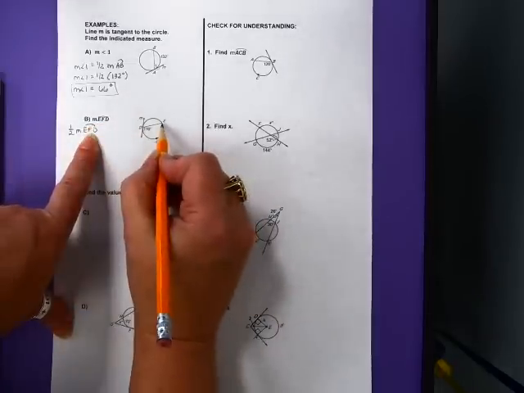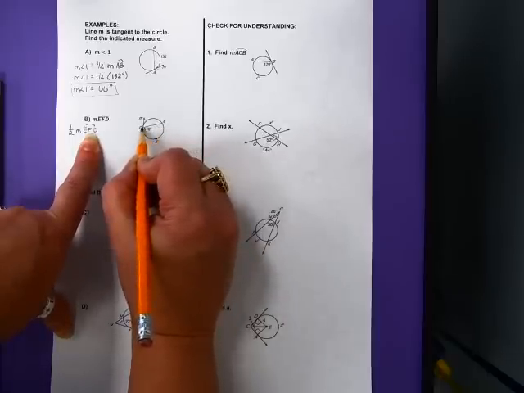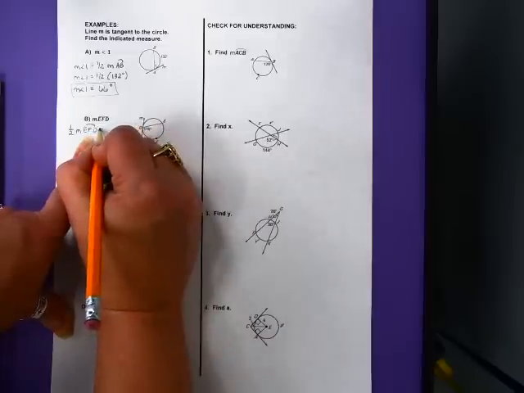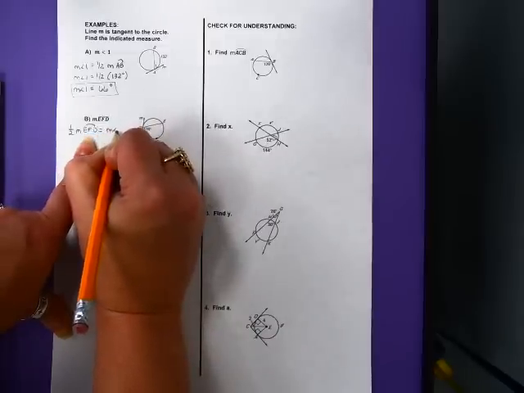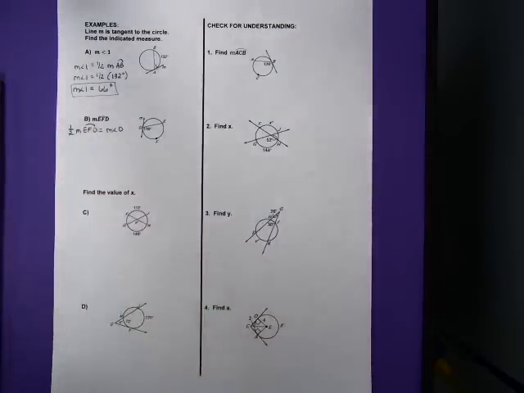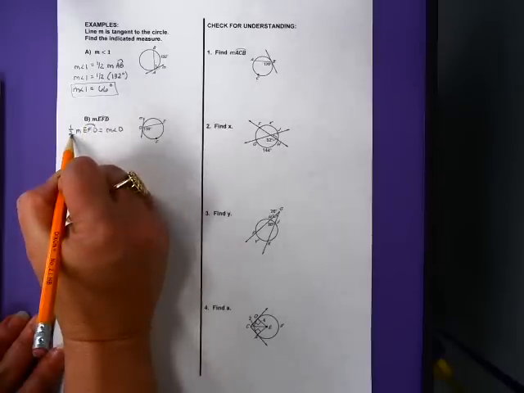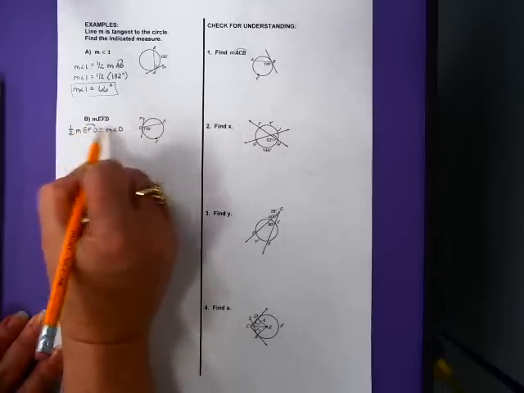This is the intercepted arc, EFD. They didn't really give me 3 letters to write down, so I'm just going to call it the measure of angle D. Using my algebra skills, since I want to get rid of this 1/2, I have to multiply both sides by 2.